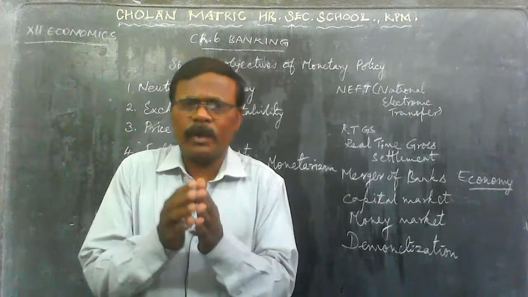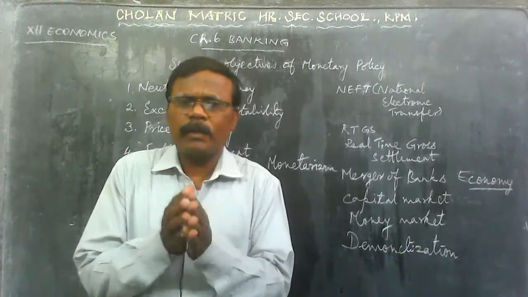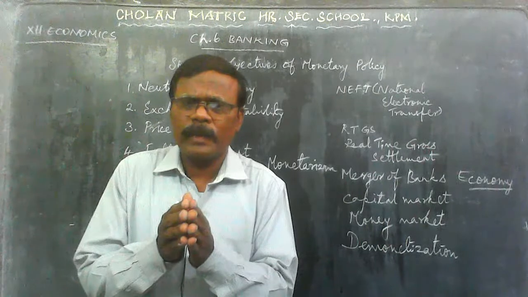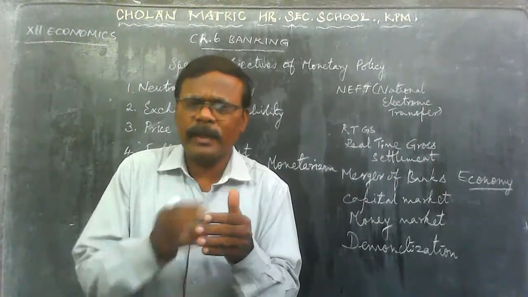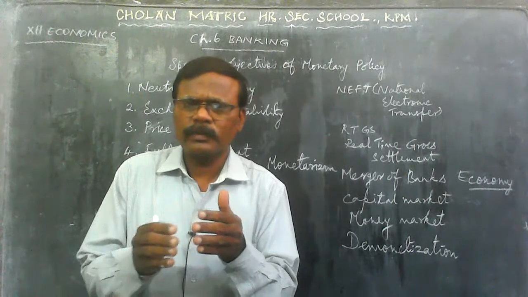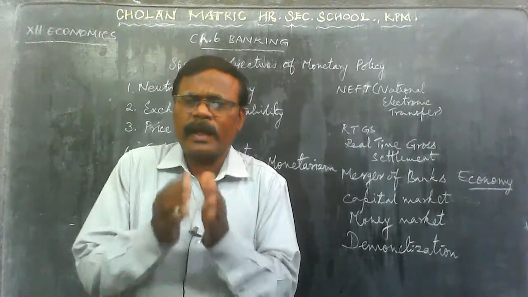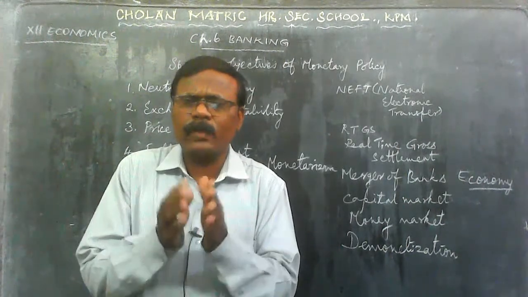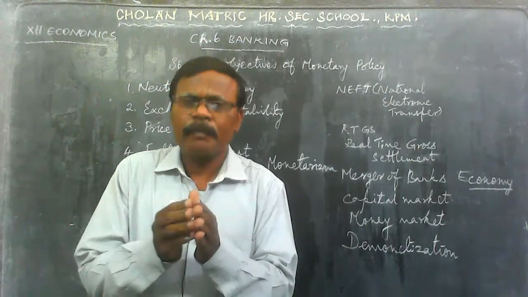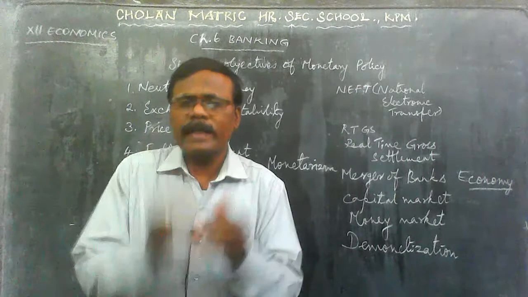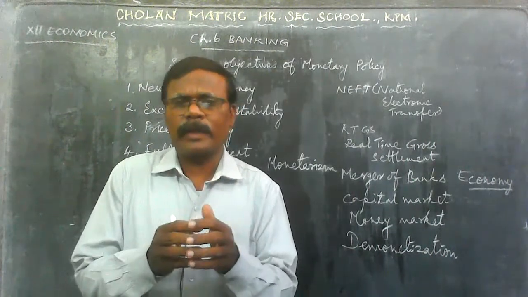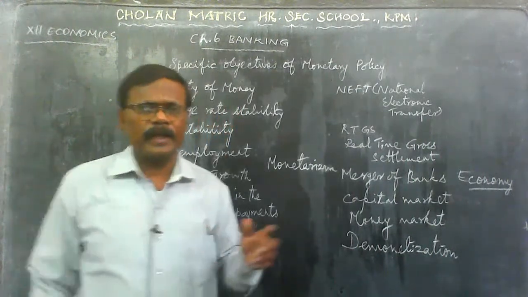What is demonetization? Demonetization refers to the act of stripping. Stripping means removing the value. Stripping a currency unit of its value or status as legal tender, and it occurs whenever there is a change of national currency.